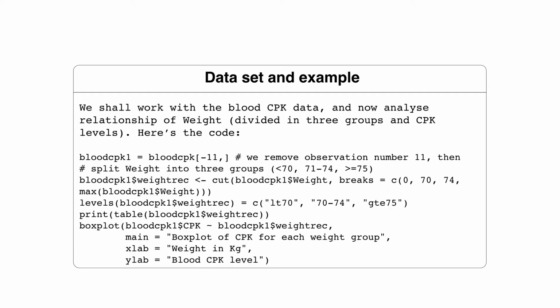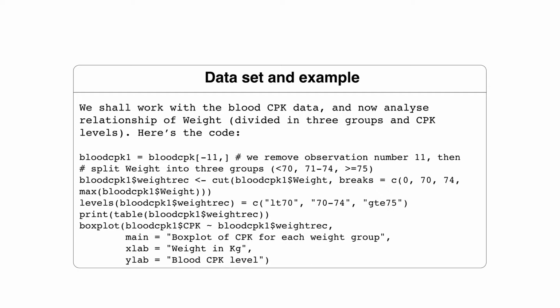In this particular case we have created a new variable which we named weight rec. Within the blood CPK data frame we put a new variable whose name is weight rec. This name signifies that we have decided to recode weight into a new categorical variable, recoding the weight variable that was originally present in the blood CPK data frame.